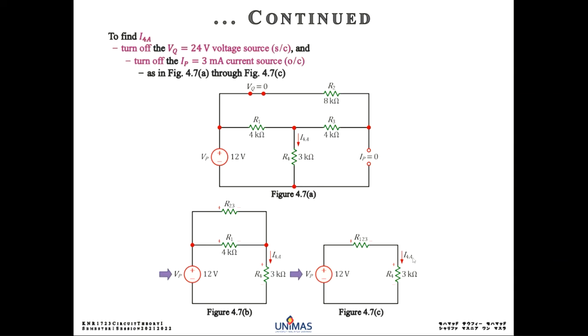You find that I4A is equal to VP divided by R123 plus R4.